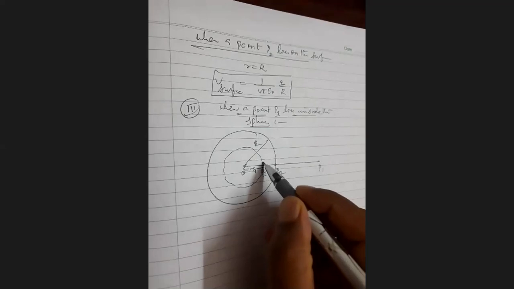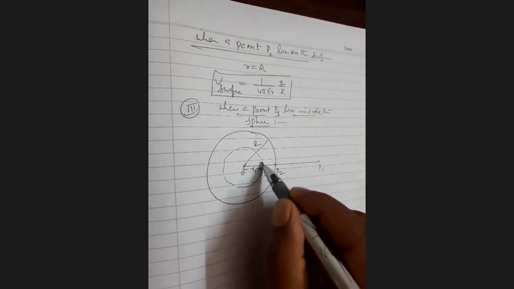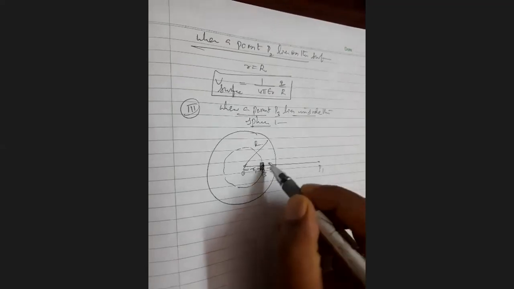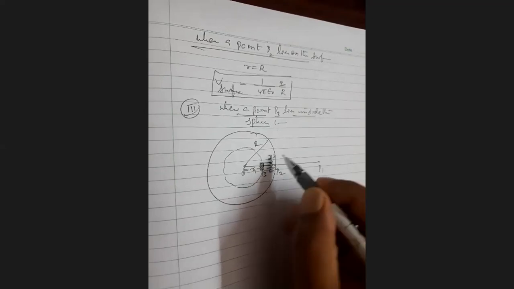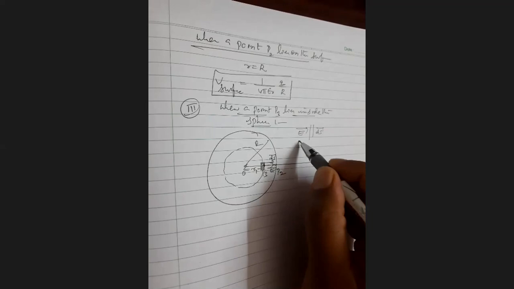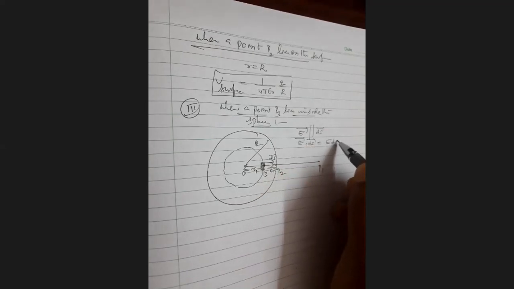So how to calculate the field strength? Here you consider a small area element ds bar. Here E bar direction is radially outwards, so ds bar direction is also the same. Here E bar is parallel to ds bar. Therefore, E bar dot ds bar equals E ds cos 0.